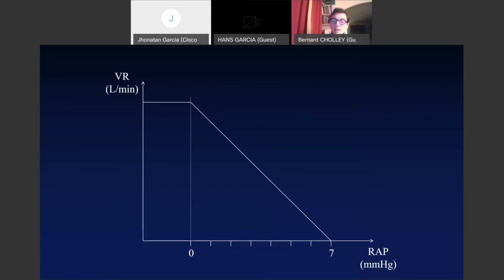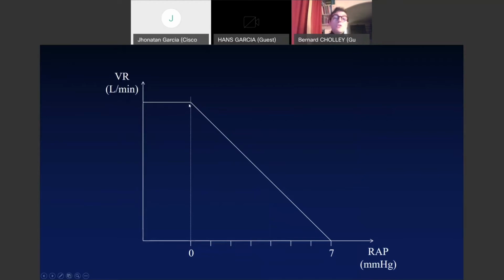And in a quite complex experiment in dogs that were deprived of reflexes, he was able to construct this venous return curve, showing that with 0 in the right atrium, venous return was maximum.